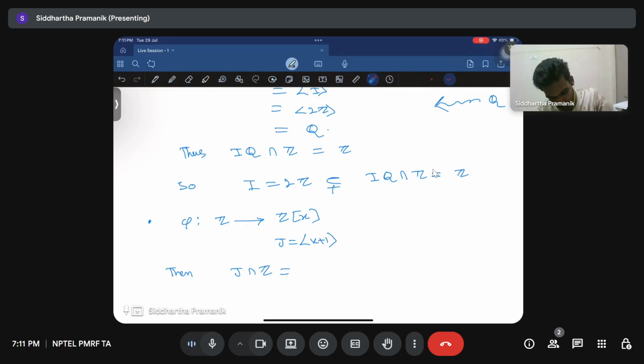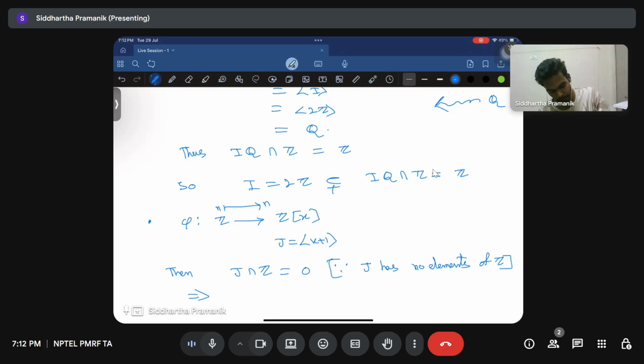This is just the inclusion map, N goes to N. So this will be basically 0 because J has no elements of Z.